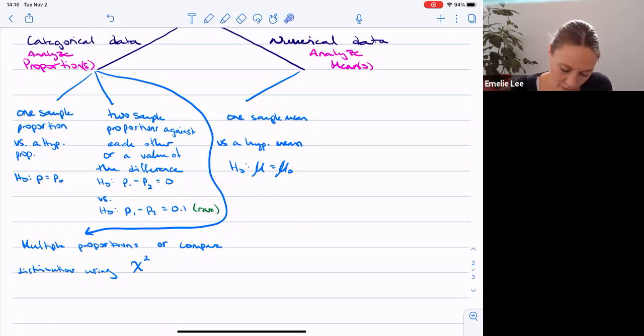Now, you might have tested one sample mean sigma known, sigma unknown. We're going to ignore the sigma known case because it's never going to happen. It's basically just training wheels for figuring out what the Z distribution looks like. So I'm curious though, did you guys use Z scores for means?